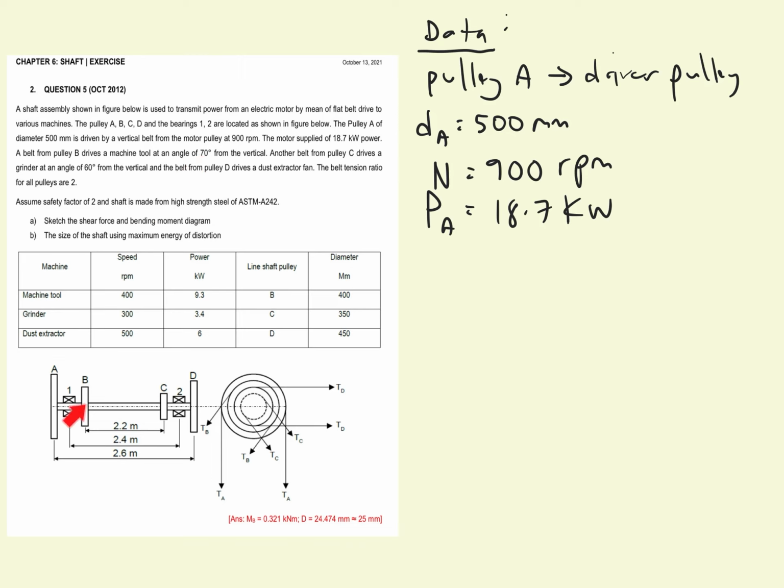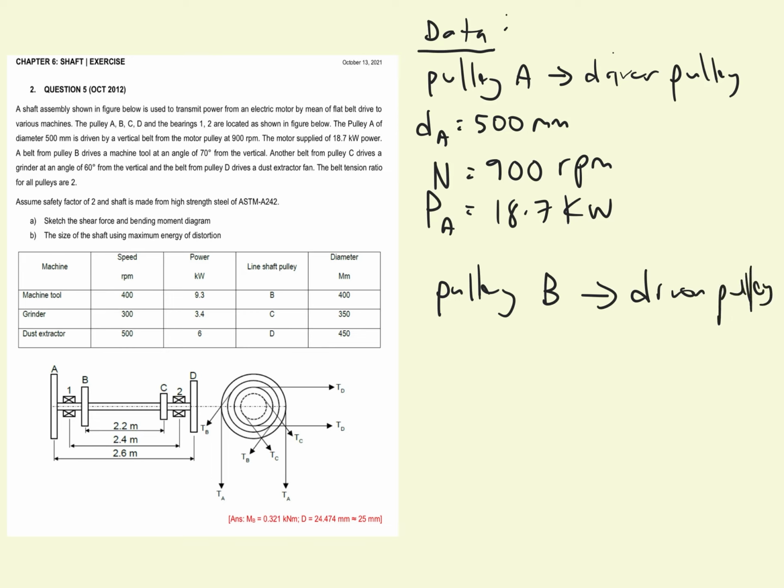So this is pulley B, and then this pulley B have this belt here, and as you can see, this is the direction of the belt of pulley B. Okay, and then this belt, it says that the belt will drive a machine tool at angle of 70 degree from vertical. Means that so let's say for pulley B, okay, so this is the driven pulley.